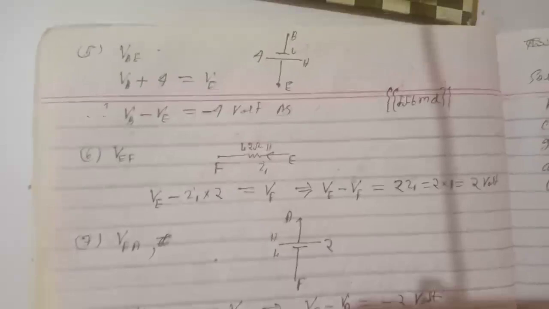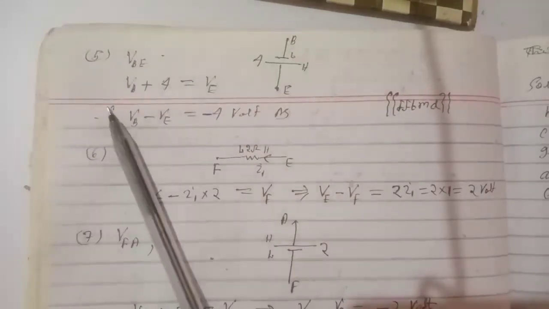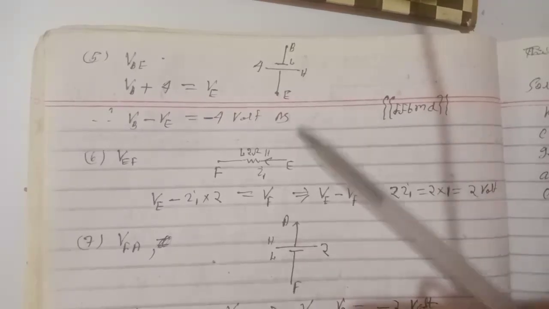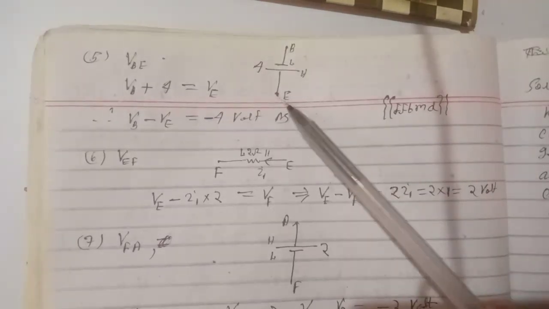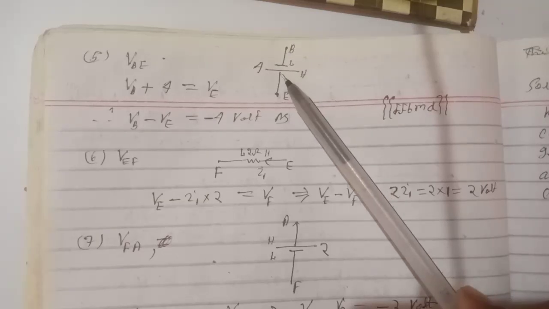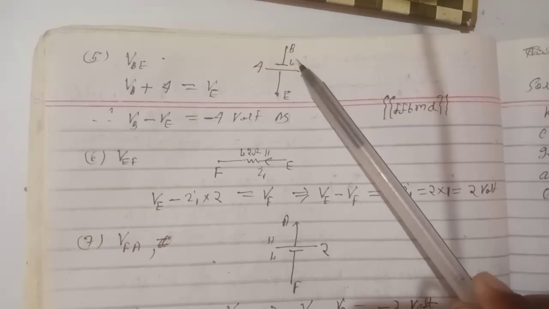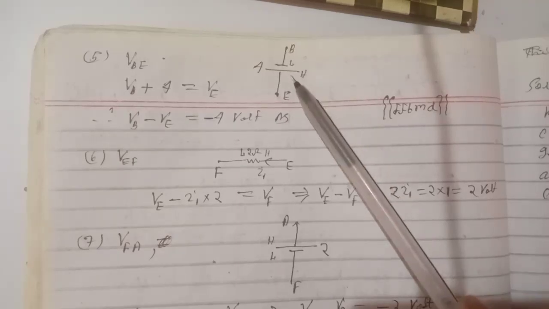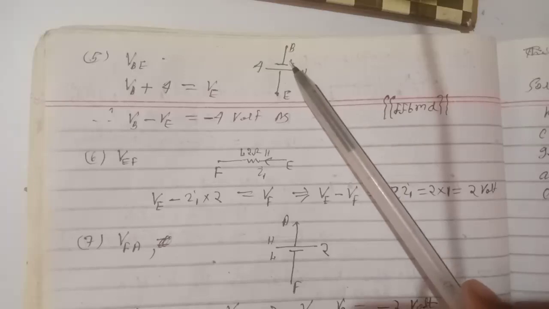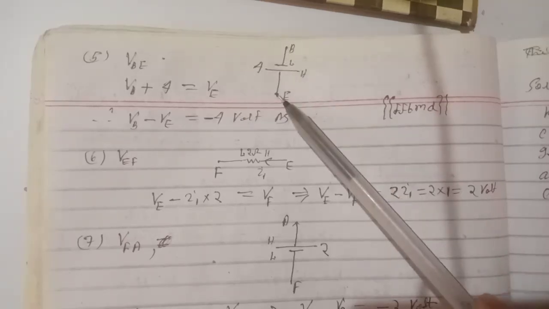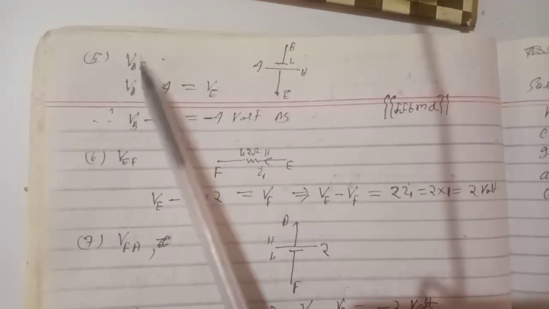Next, VBE. Again we have to find VBE. Now we have to move from this to this direction. Now this is at positive potential, this is at negative potential, and this is positive terminal, this is negative terminal. Positive terminal is at a higher potential, and negative plate is at lower potential. So we are going from initial to final, because we are moving in this direction, because we have to find VB minus VE.